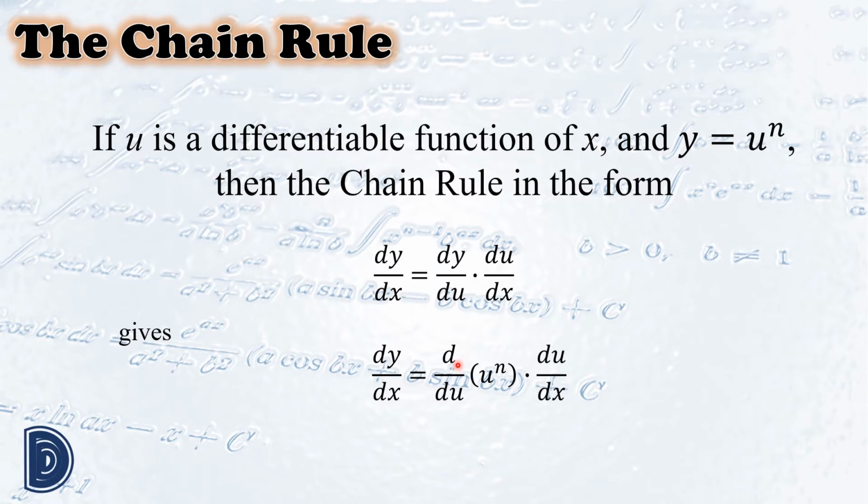This gives the derivative of y with respect to x is equal to the derivative of u raised to n with respect to u times the derivative of u with respect to x. And the derivative of u raised to n with respect to u will be n times u raised to n minus 1, multiplied by the derivative of u with respect to x.